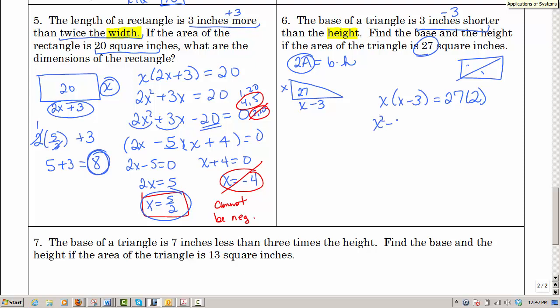So I have x squared minus 3x equals 54. Got to set it equal to 0. A little bit easier, coefficient of 1. So what multiplies to get negative 54 and adds to get negative 3. Negative 9 and positive 6.